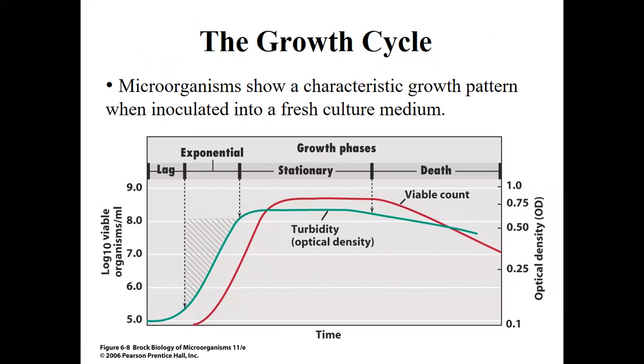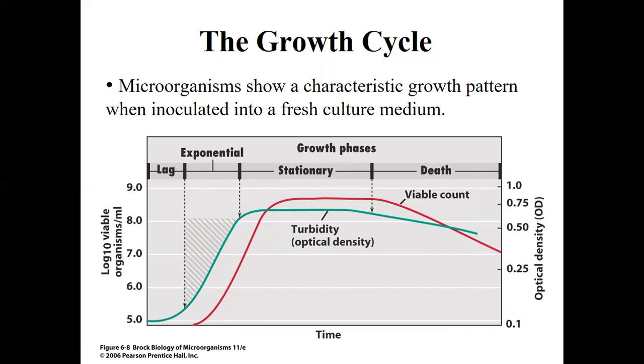This life cycle is calculated in terms of time, and we calculate it when we prepare a culture media and inoculate the microorganism into that culture media. When the growth originates, we can analyze the growth cycle of the bacteria.